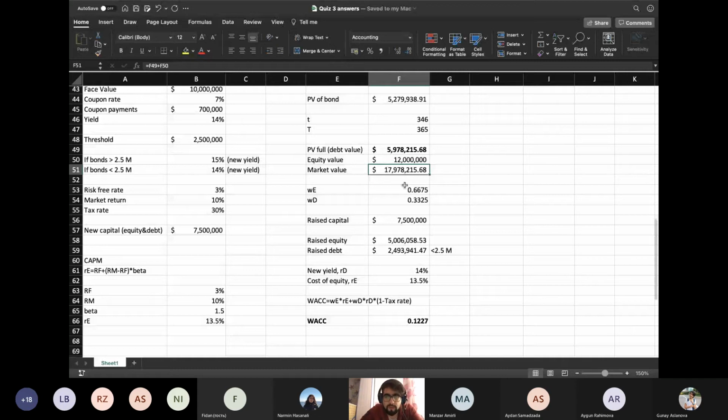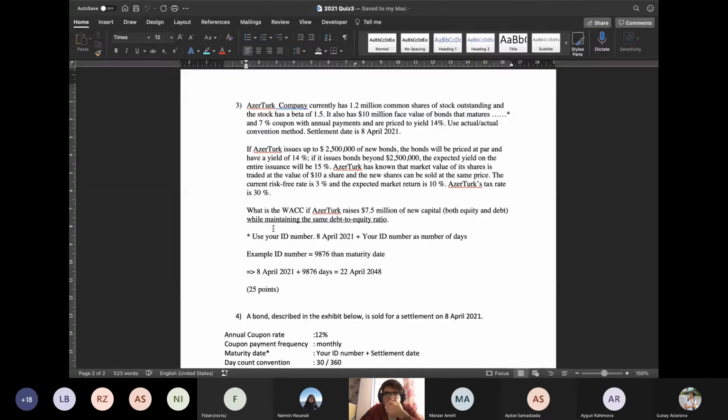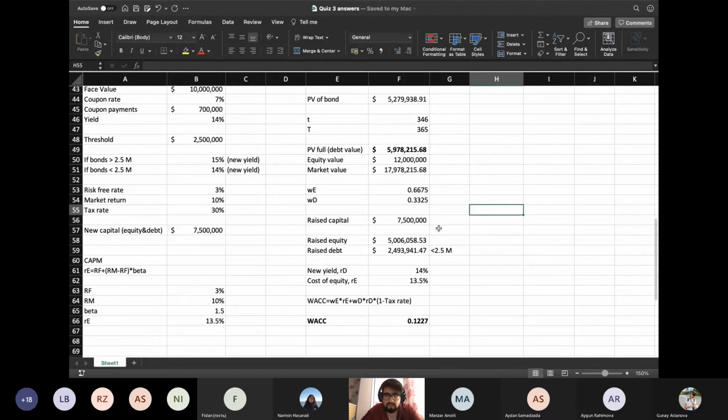From there, I obtained weight of equity and weight of debt. Then I applied these weights to raise capital, new raise capital, because the question is saying while maintaining the same debt to equity ratio. I don't change any debt to equity ratios here. So I've calculated raised equity and raised debt. Here I see that it is less than our threshold. So we will go further with new yield 14%, cost of equity, and that's VAC. They are all percentage. Also weights. We have only one weight.